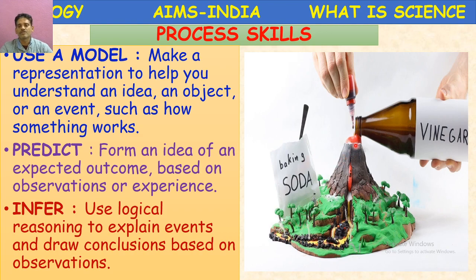It oozes out from the mouth of the volcano. Okay? So using a model will really help to understand the concept properly. So it is an important process skill. Okay, children, use a model, predict, infer. These are the three important process skills.